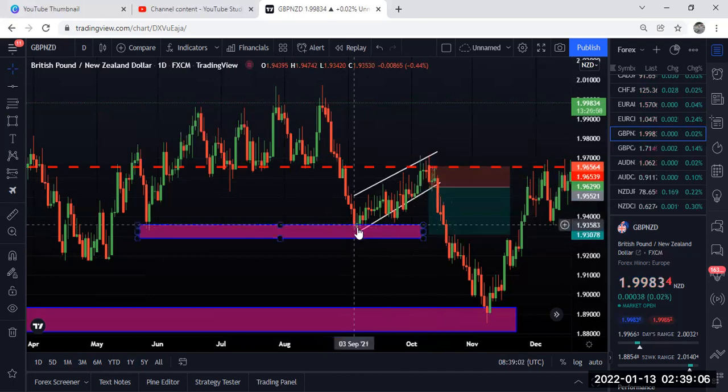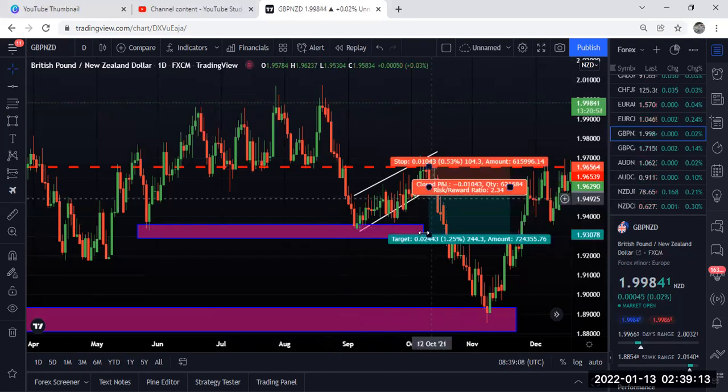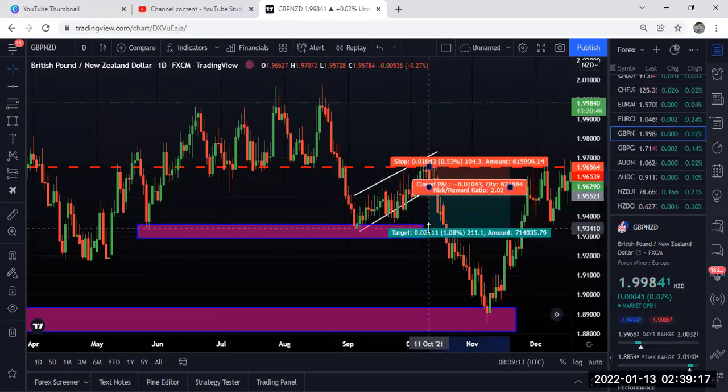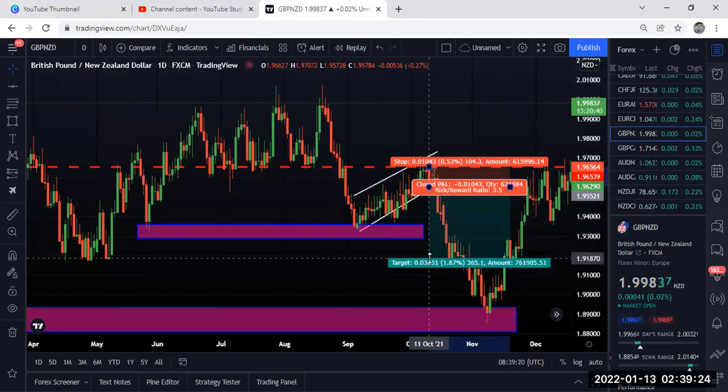Take profit, I can put my take profit at the support since I know for sure it's going to hit it again after that huge fall. So risking 104 pips to make 211, or I'll probably put my take profit down here.